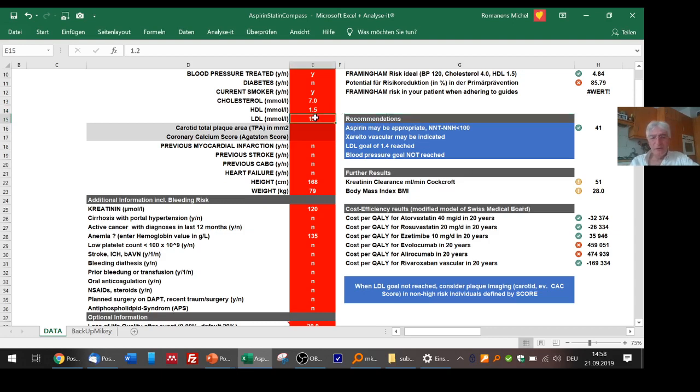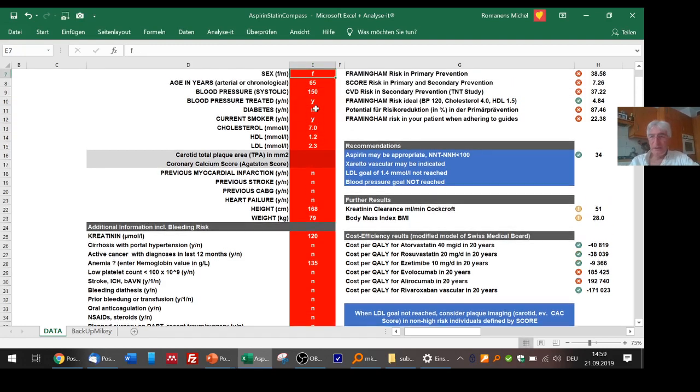So if we put this patient with an LDL of 2.4, sorry, 2.4 here, or 3, then based on this risk 3.1 here, even PCSK9 inhibitors would be cost efficient. If we lower the LDL, we get a highly cost efficient therapy with PCSK9 inhibitors. So when we go back to 2.3 LDL, it wouldn't be the case.